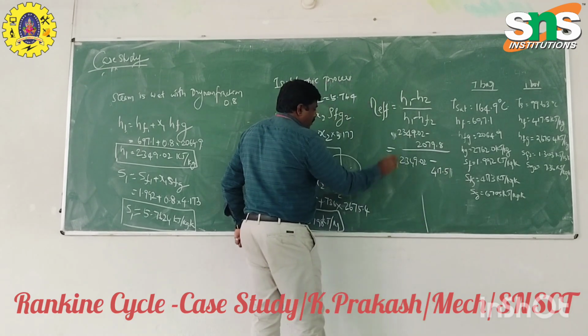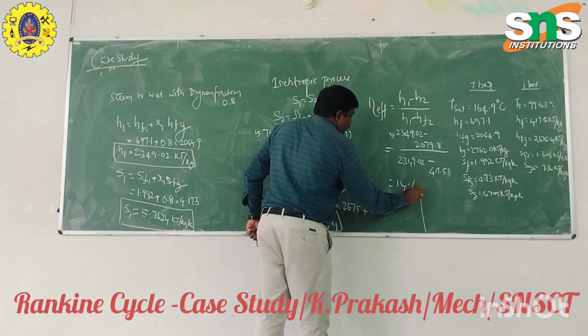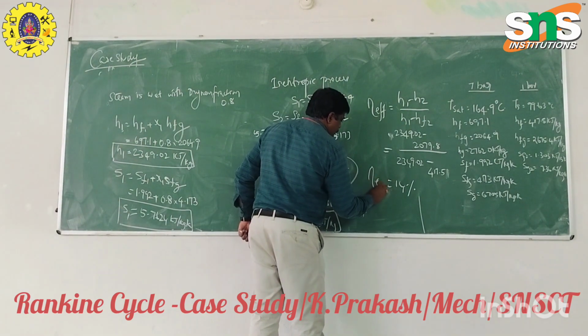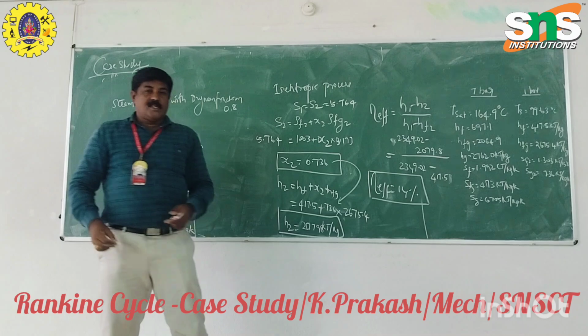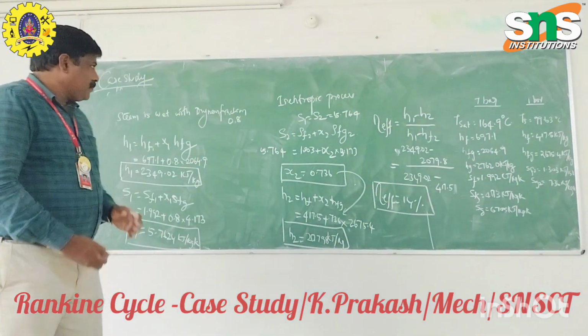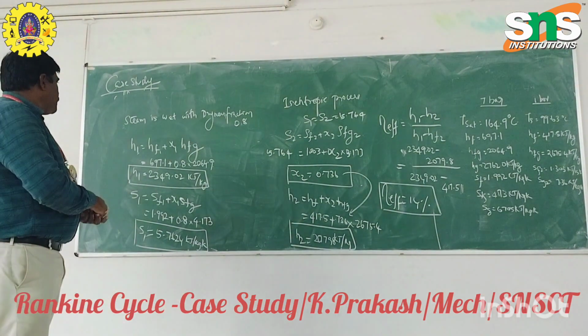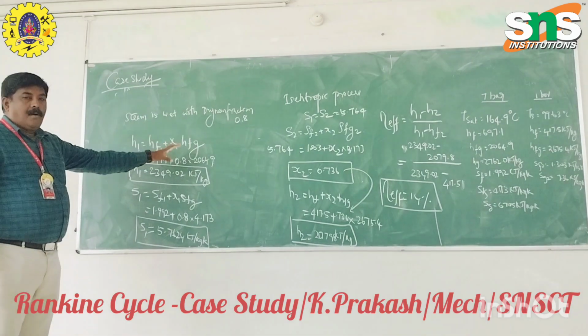Okay. When we solve this, we get an efficiency of 14%. So this is the efficiency of the Rankine cycle when the steam is wet with a dryness fraction of 0.2.